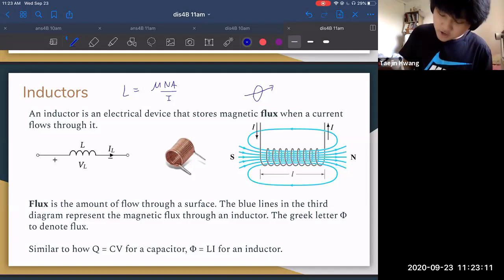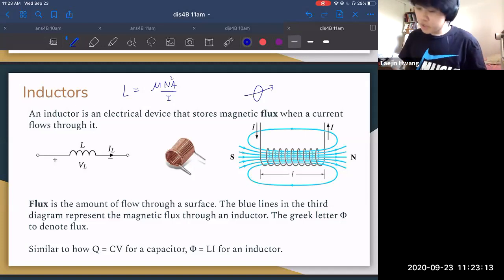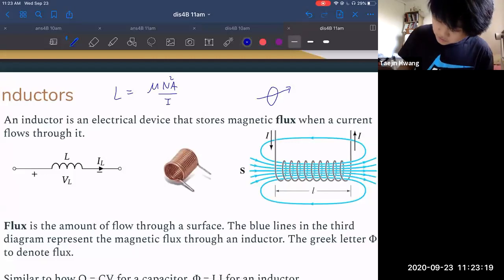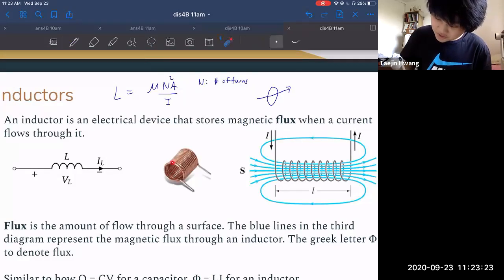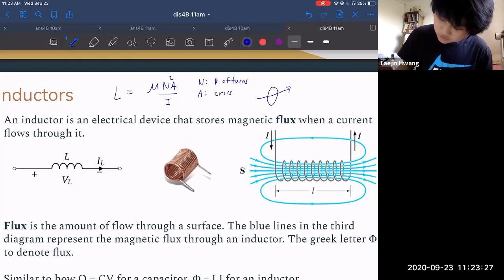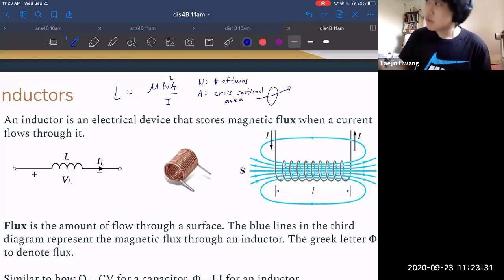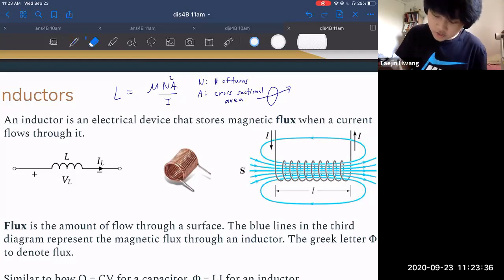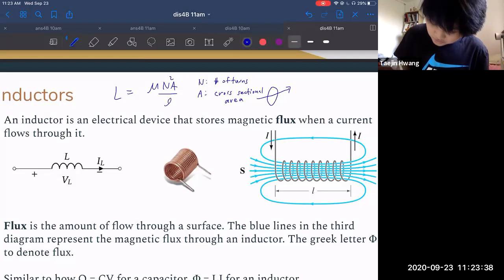It's N squared mu times A over l, where N is the number of turns, so physically, how many times the inductor is turning. A is the cross-sectional area. Actually, this is not an I, this is an L, and L is the length of the inductor.